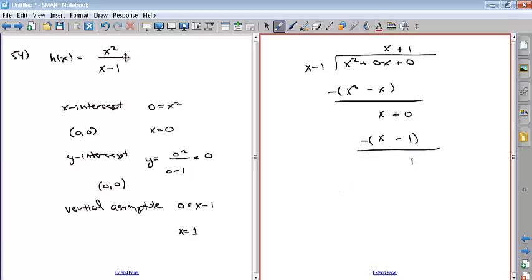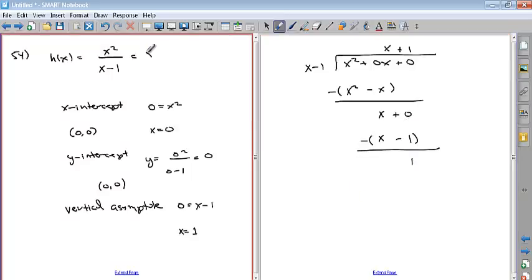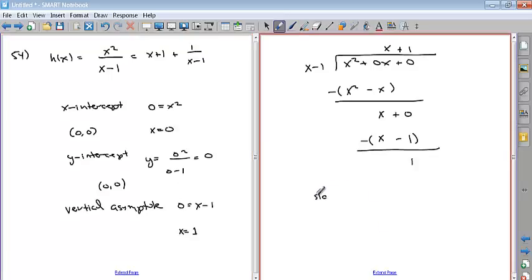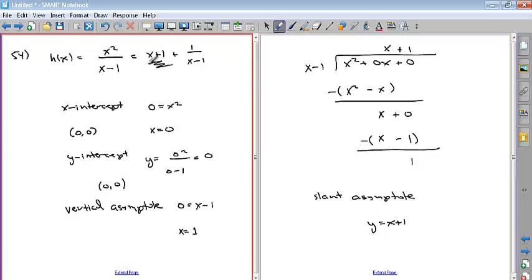So this original expression could be written as x plus 1 plus 1 over x minus 1. So the slant asymptote is y equals x plus 1. It's this part, because when x gets large, this goes to 0.